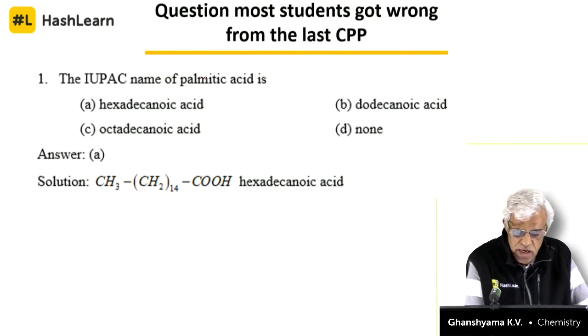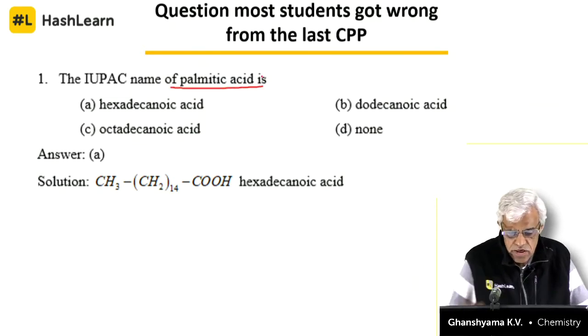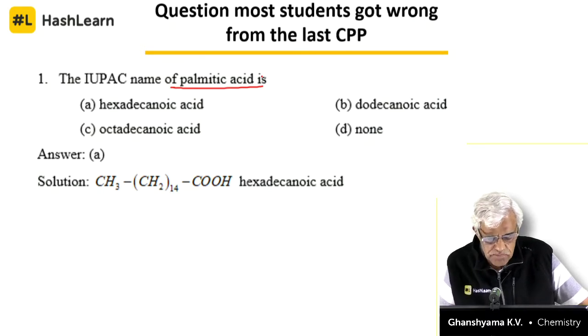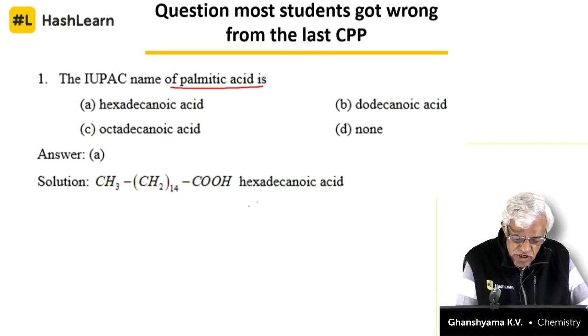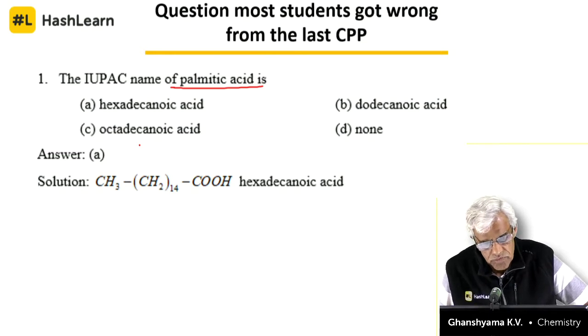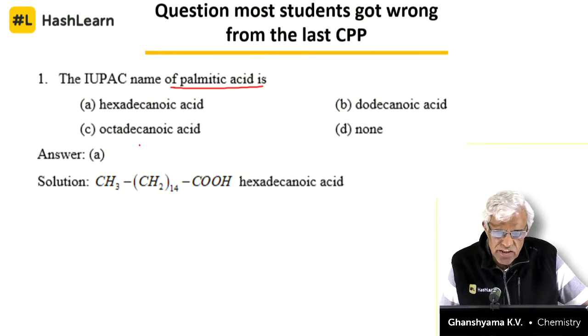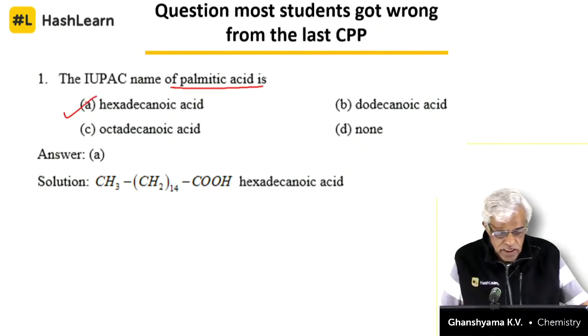The IUPAC name of palmitic acid: palmitic acid is a 16 carbon atom monocarboxylic acid or fatty acid. So, 16 is hexadecanoic acid.